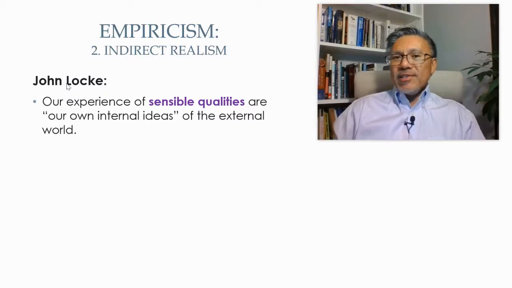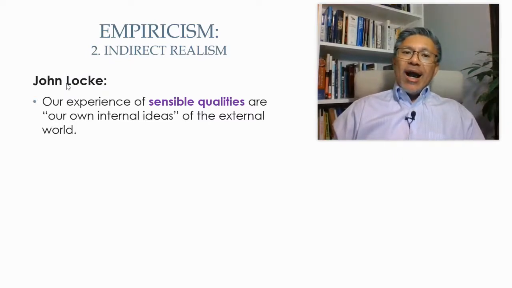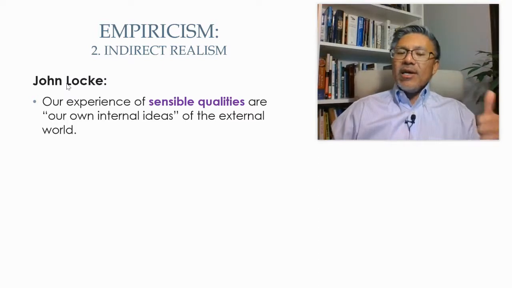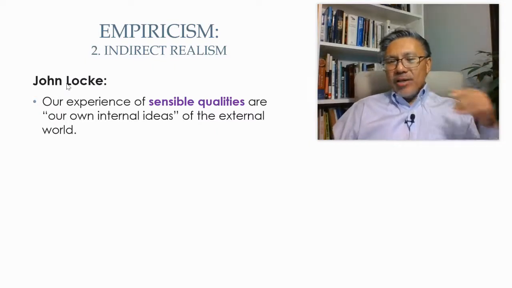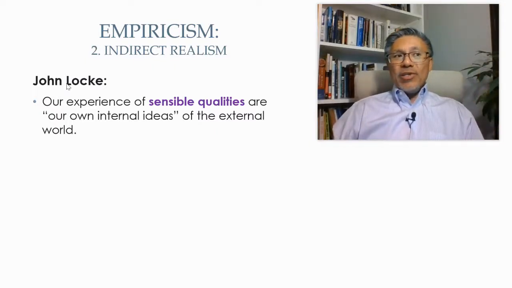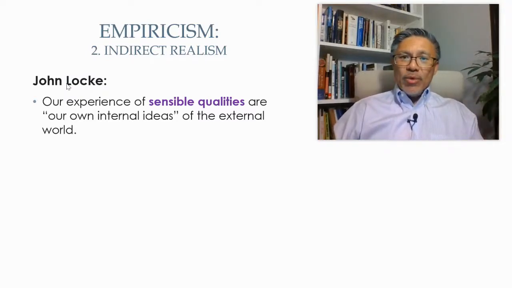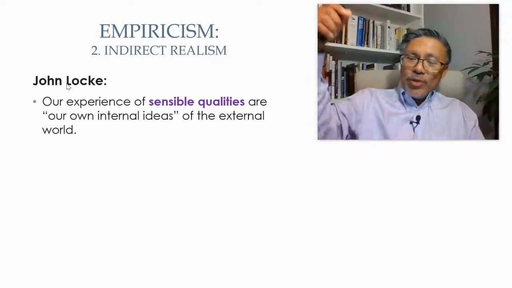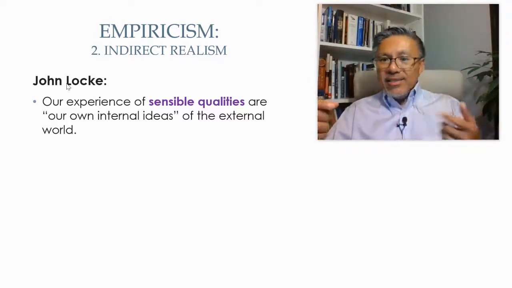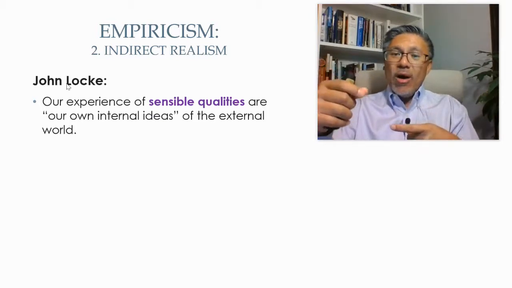So let's summarize this with a couple bullets here. Our experience of sensible qualities are our own internal ideas, right, that are caused by the external world. So you're sitting at home at night and you hear stuff. What you hear, your interpretation of that, is the sensible property. But there is something that's causing that sound that we would call a primary quality, causing the effect in you that says there must be an intruder in the house. You take a look at the pencil in the water, the sensible quality is that it looks fractured to you when you put it in the glass of water, right?